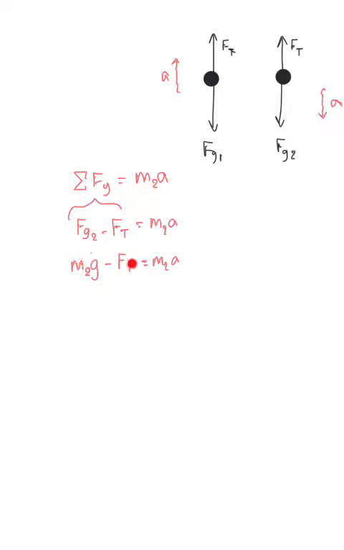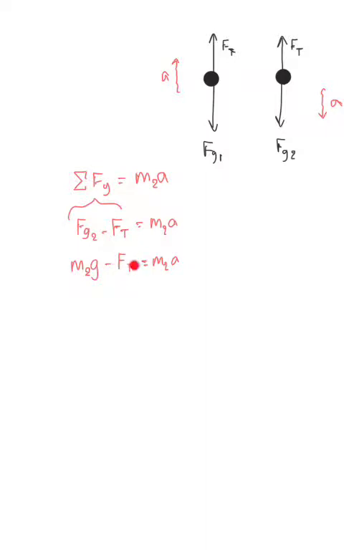So notice that we want to express the answer for the acceleration in terms of m1, m2, and fundamental constants. We have an m2 in this equation, but the Ft, we don't know what that is, and we can't express the answer in terms of Ft.